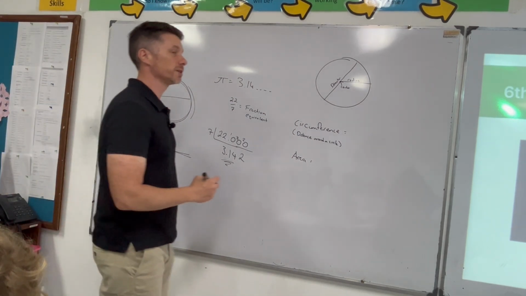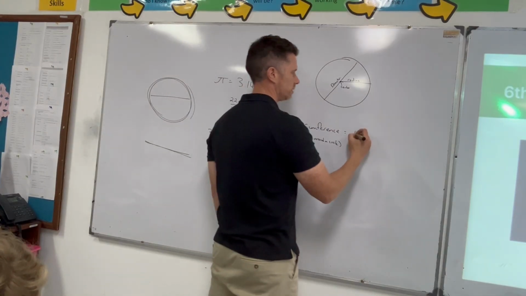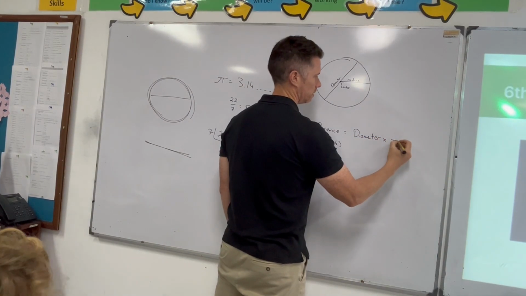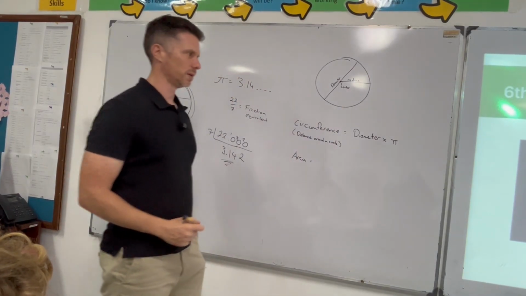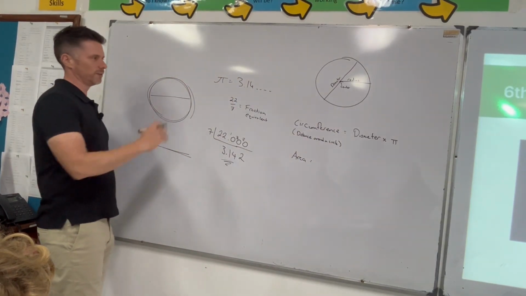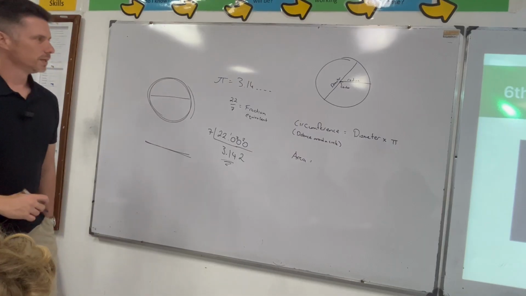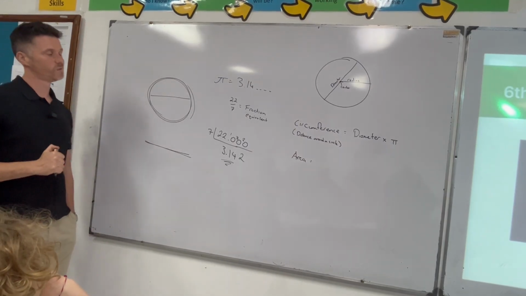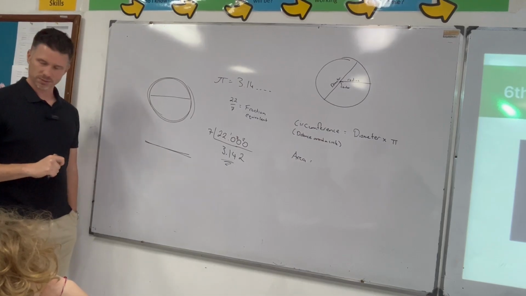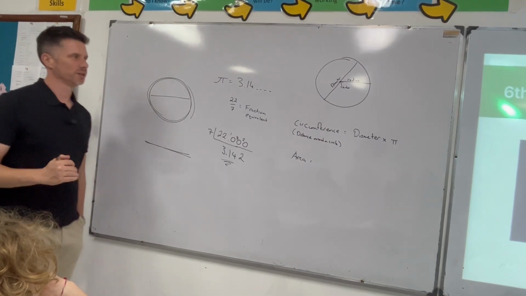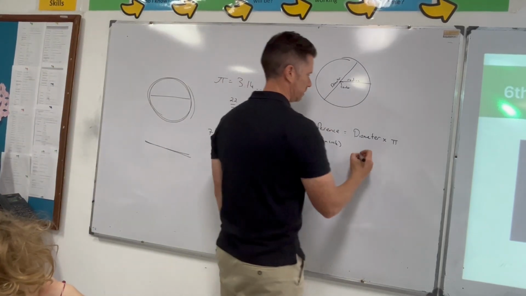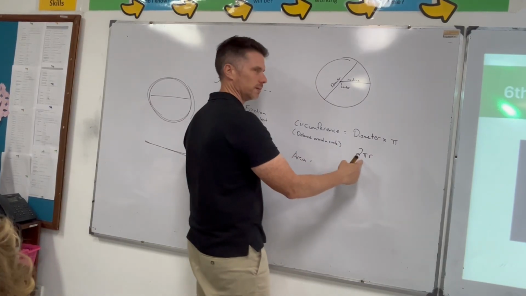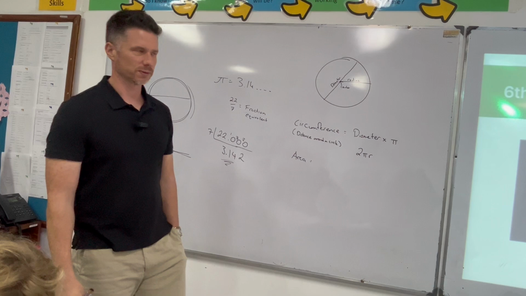So the circumference can be found if I know the diameter and then just multiply it by pi, or by 3.14159, etc. It's pretty simple. There's another formula which you may see, which is 2 pi r. How is that the same as that? What do you think r stands for?